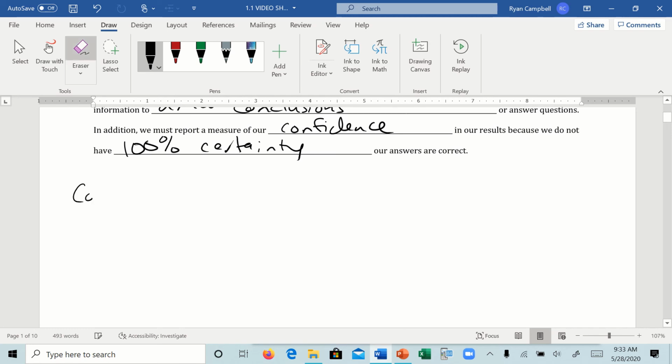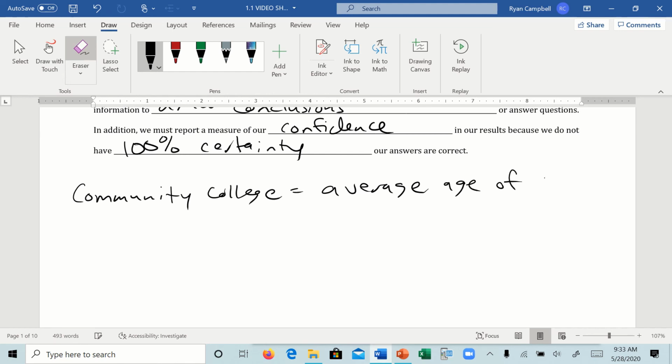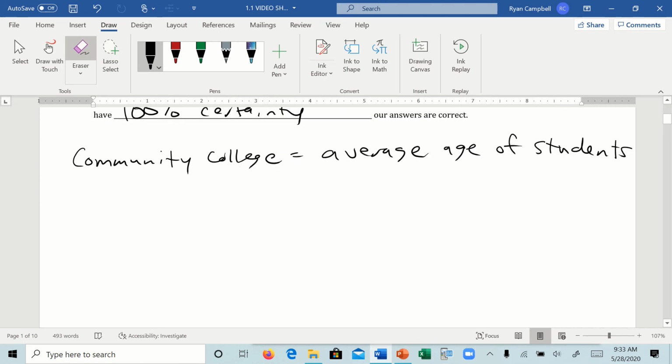If you go to a community college and you want to know the average age of the students, how could we figure that out? How can we figure out what the average age of community college students is?